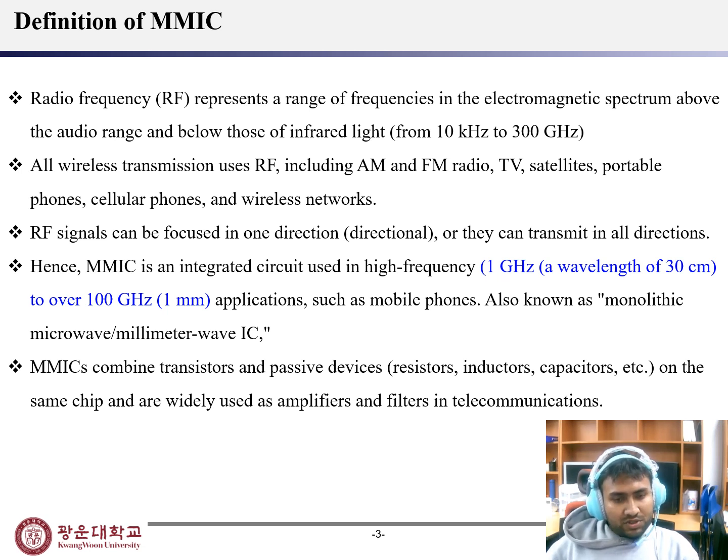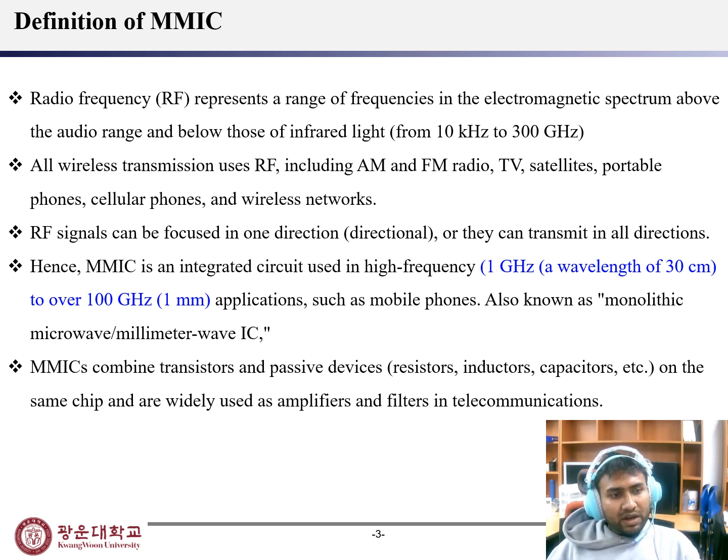All wireless transmission uses RF, including AM and FM radio, TV, satellite communication, portable phones, cellular phones, and wireless networks. RF signals can be focused in one direction or they can transmit in all directions also.